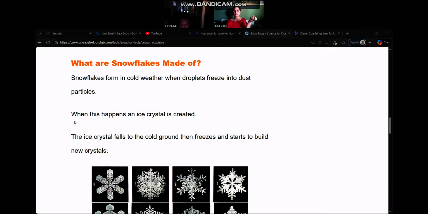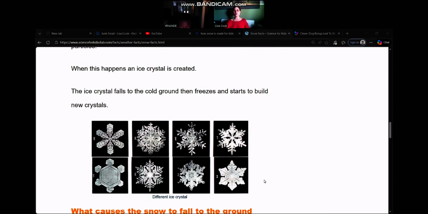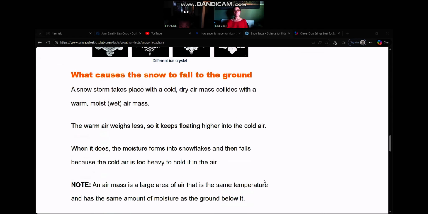They clump together to make snowflakes. There you go. And then what causes the snow to fall to the ground? Read, my friend.